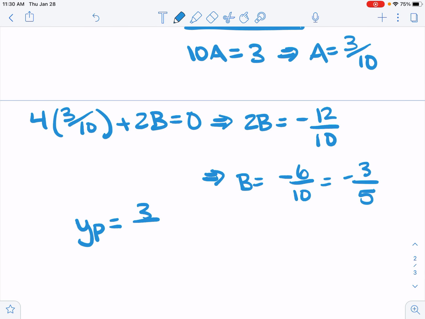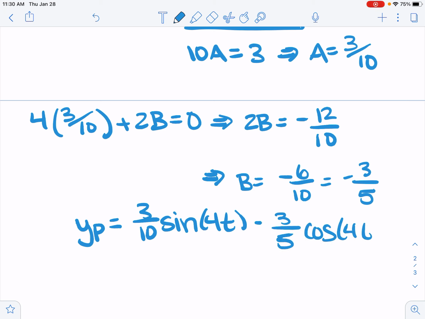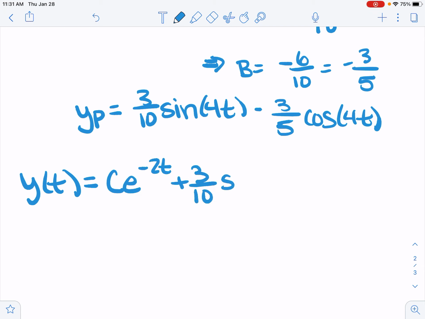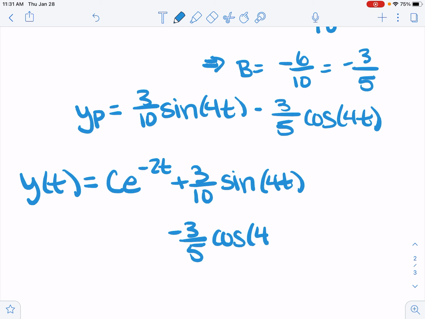So 3/10 times the sine of 4t minus 3/5 times the cosine of 4t. And my overall solution then is c e to the minus 2t plus 3/10 sine of 4t minus 3/5 times the cosine of 4t.